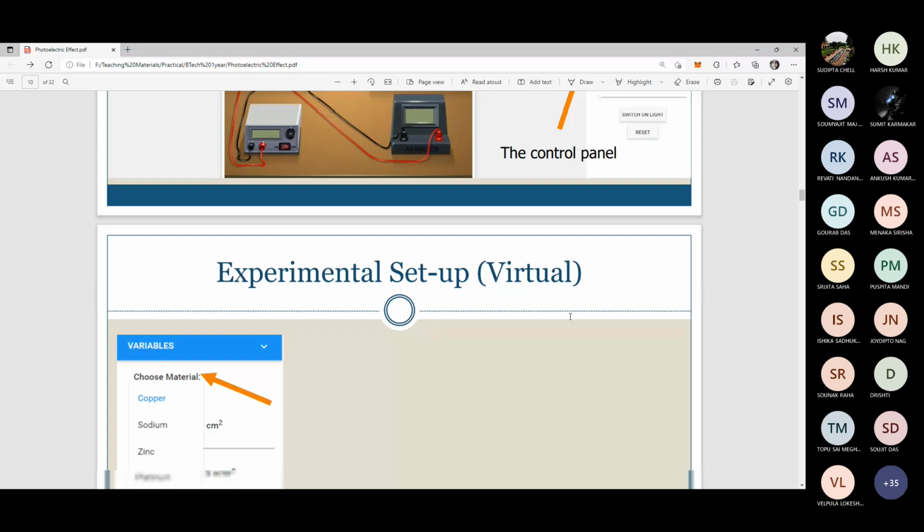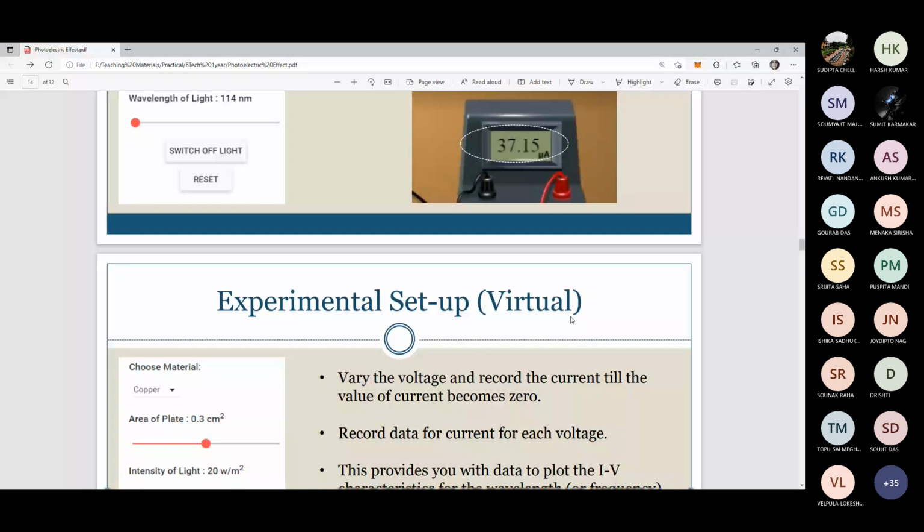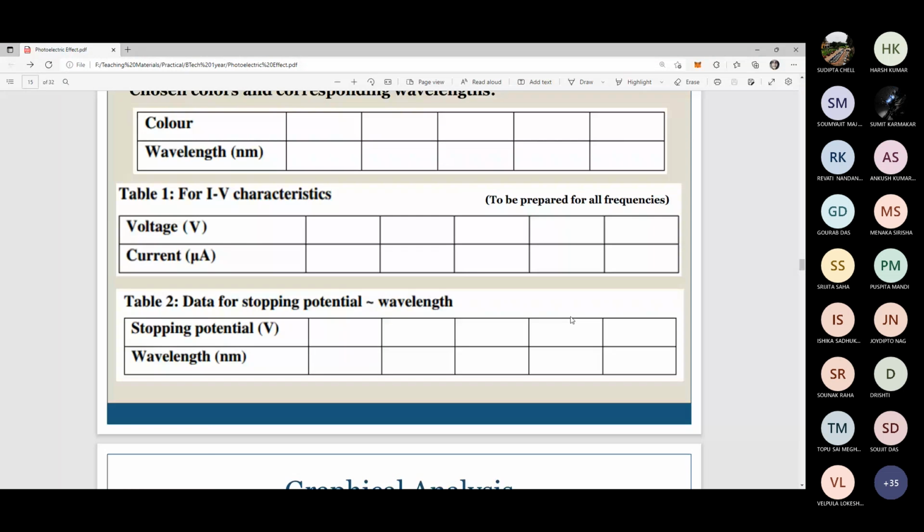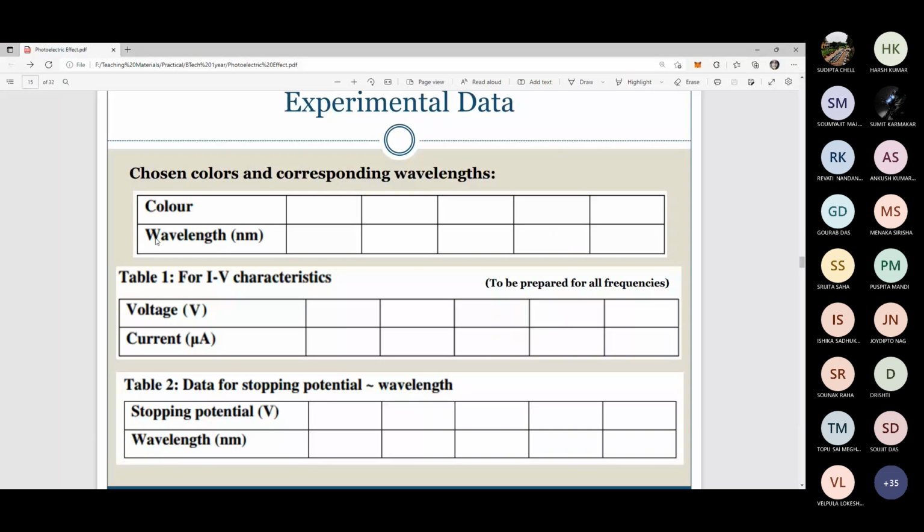For this table, you can exclude it. You don't write this table. Second and third, these two tables you consider, right? Here it is mentioned table 1, table 2. Okay, the first table has not mentioned any table number. Now here you can mention your wavelength.